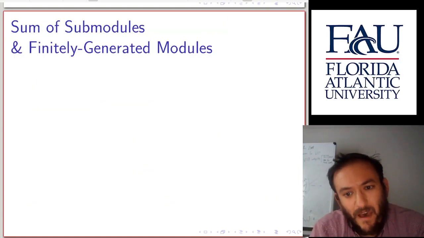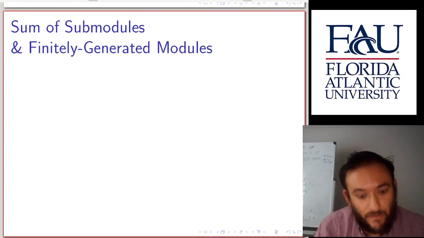Okay, now we're going to look at some operations on submodules. So the first one is a sum of submodules.